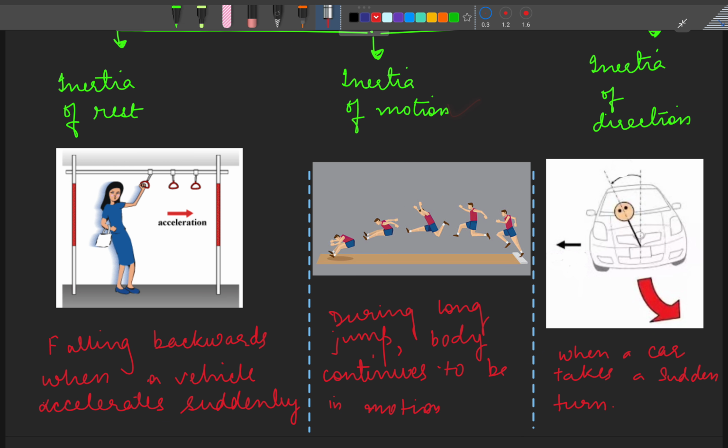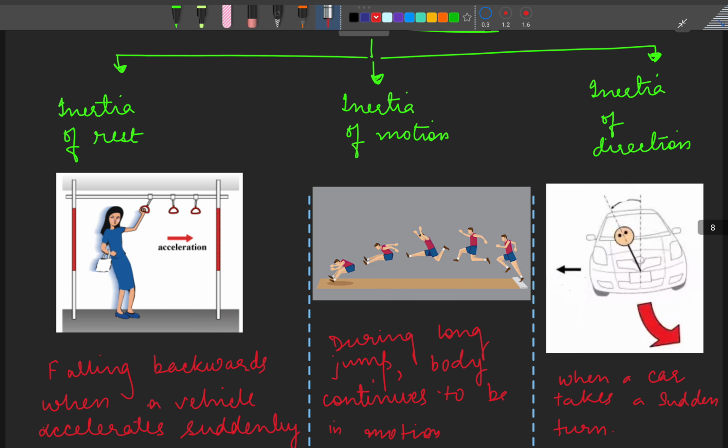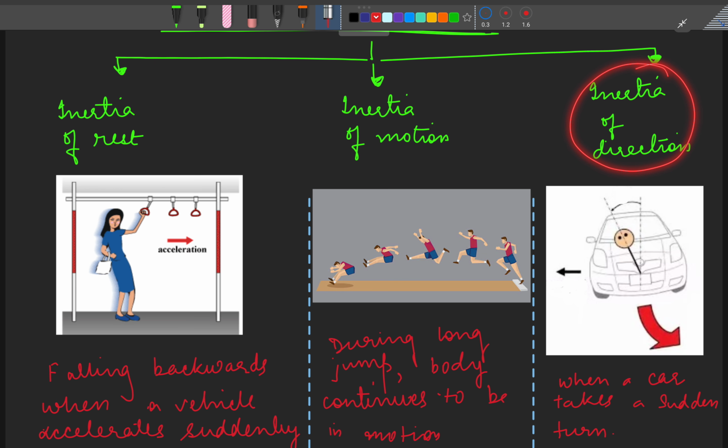Again, inertia of motion. And the last and very important is the third type of inertia, which is inertia of direction. It says if you're moving in a particular direction, your body will continue to move in that direction unless an external force is applied on it. Suppose you're moving straight in a car.